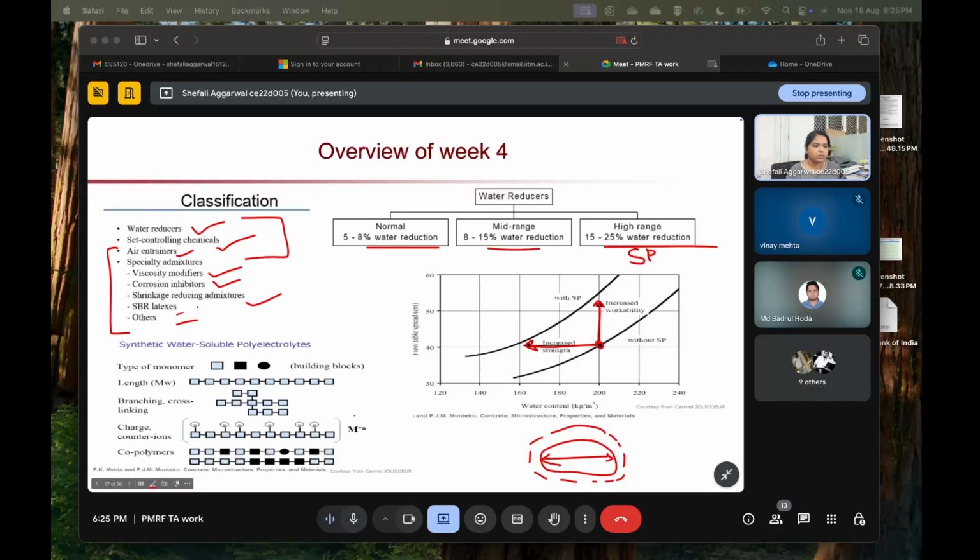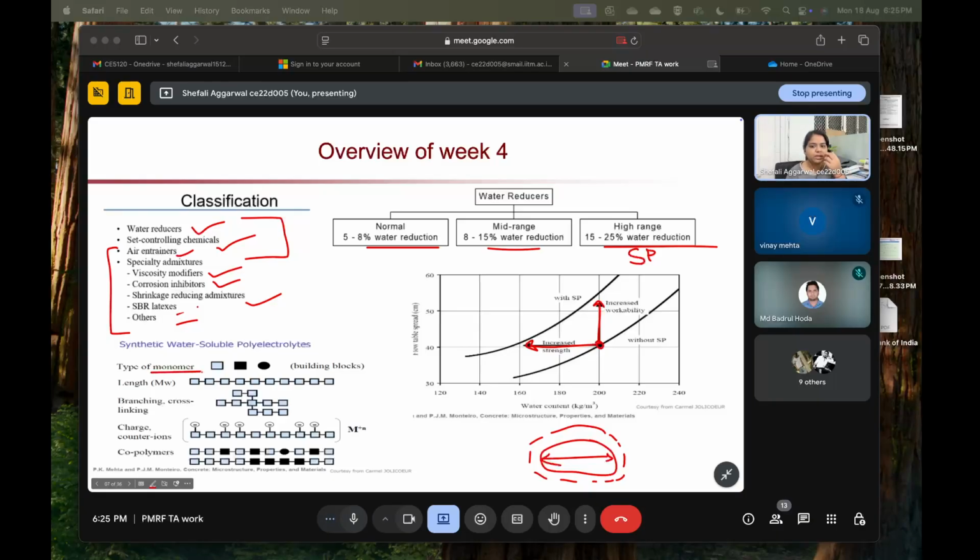Other thing is how our superplasticizers are made. Normally superplasticizers are organic molecules, long chain polymer organic molecules. How this is formed, I hope you all know. It is a building block made from monomers.